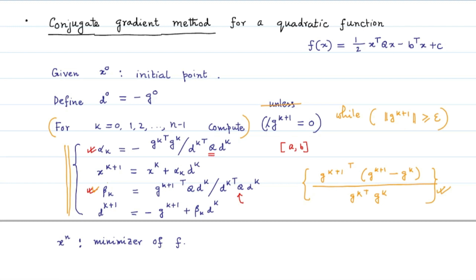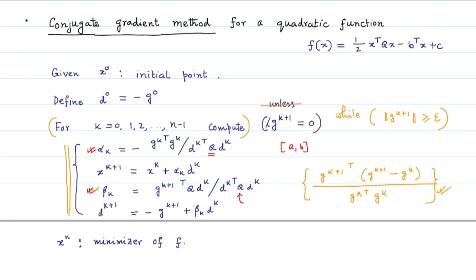Now, replacing the expression of beta k by any of the three formulas, the Hestenes-Stiefel formula, the Fletcher-Reeves formula, or the Polak-Ribiere formula, you will get three conjugate gradient methods for non-quadratic functions. But for non-quadratic problems, the algorithm will usually not converge in n steps.